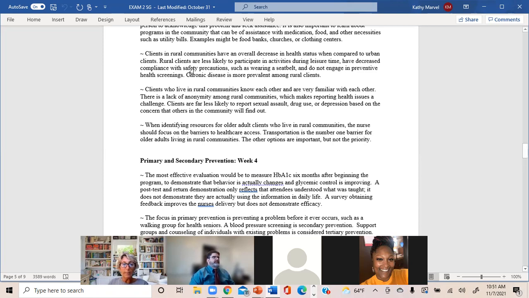Because they're less likely to seek care early on. Yeah, because they don't have any means of transportation to go see the doctors, and then they just keep their disease, and in the end, they end up having big health issues. Exactly. And what happens when you have decreased compliance with safety precautions, such as wearing a seatbelt?